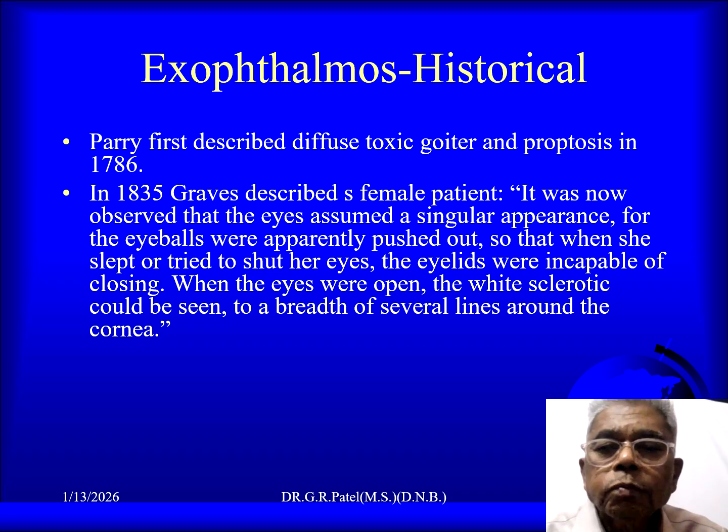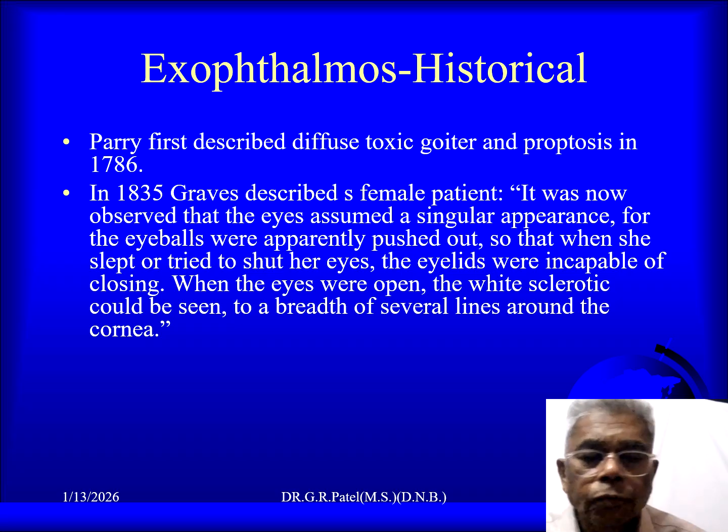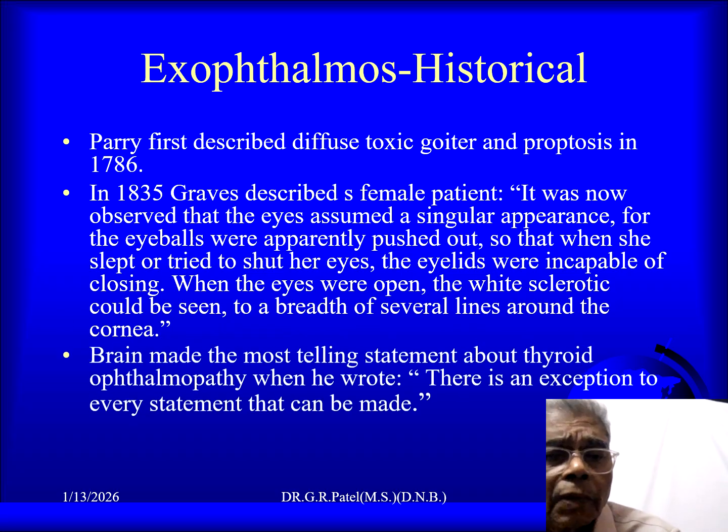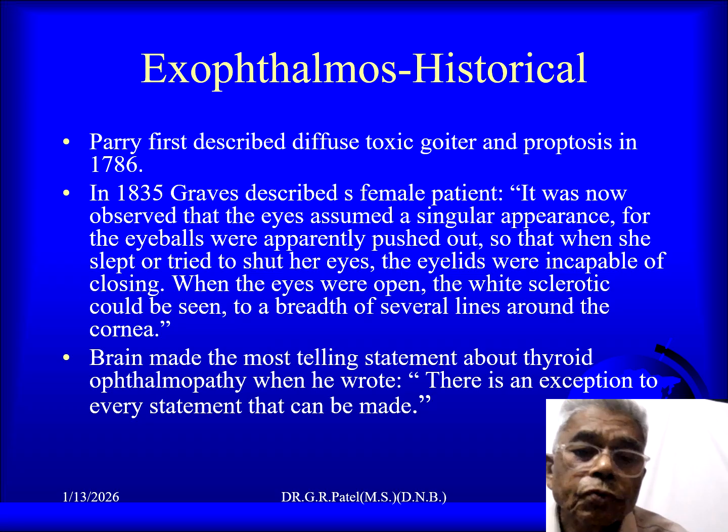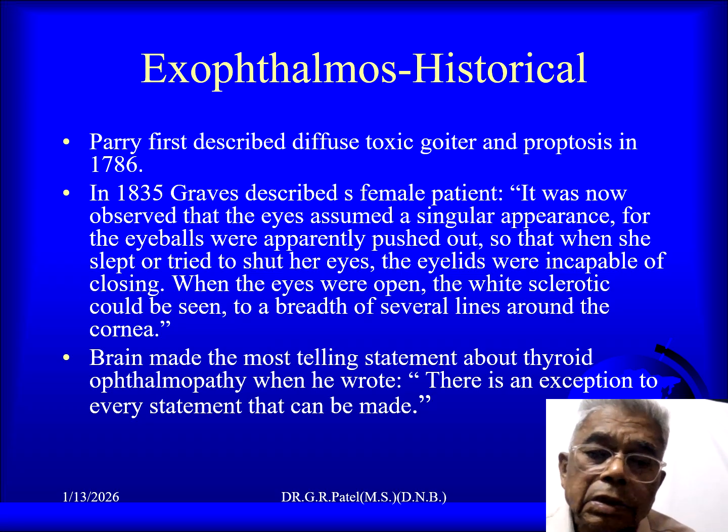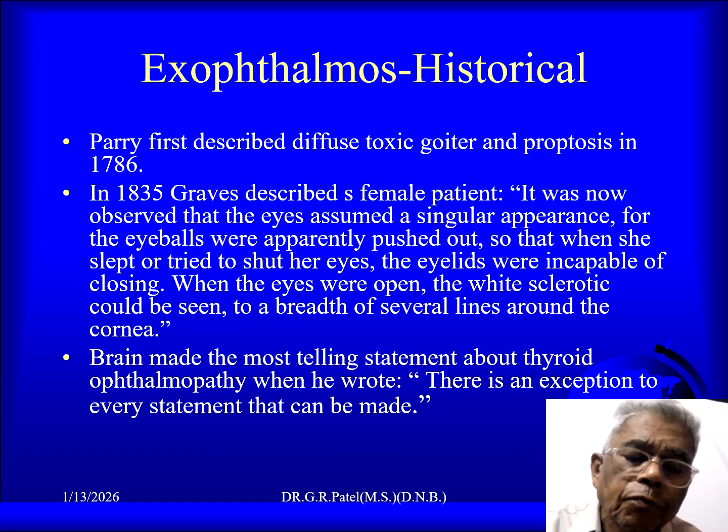When the eyes were open, the white sclerotic could be seen to a breadth of several lines around the cornea. Brain made the most telling statement about thyroid ophthalmopathy when he wrote, "There is an exception to every statement that can be made."